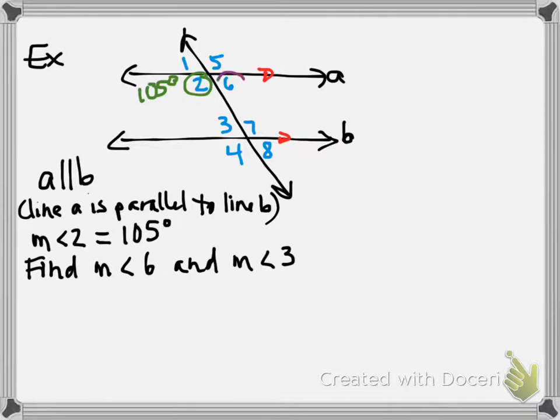I want to know what angle 6 is, and I want to know what angle 3 is. Okay? So, thoughts. Do I have any ideas what these angles could measure, and what could I use to help me figure out their values? Any ideas?